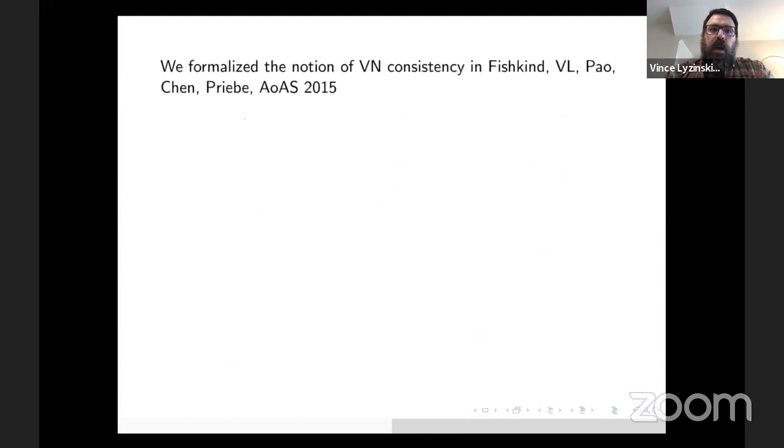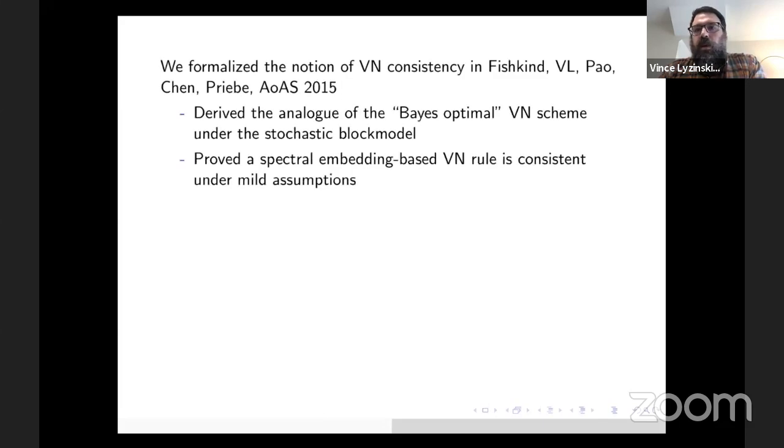Okay. In this problem setup, the classical VN, as I call it, we formalized the notion of consistency in this Annals of Applied Statistics paper from 2015. And we derived an analog of Bayes optimality in this vertex nomination framework under a very restricted network model, a stochastic block model.